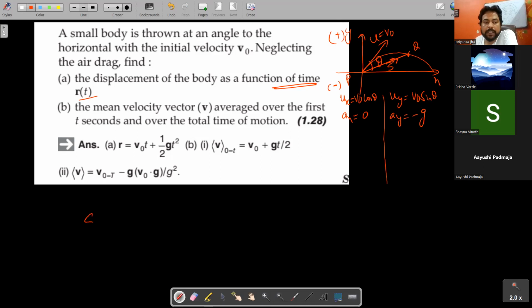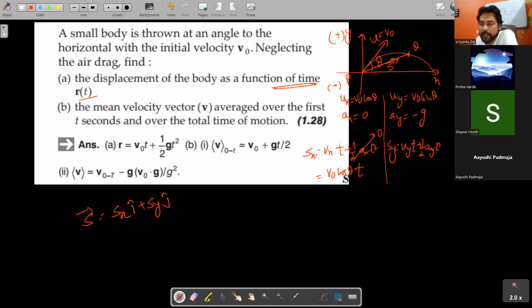This displacement would be displacement along the x-axis i plus displacement along the y-axis j. I will find displacement along the x-axis. That would be ux t plus half ax t square. But there is no ax, it is 0. So this would be v naught cos theta into t. And same thing over here: Sy equals uy t plus half ay t square.